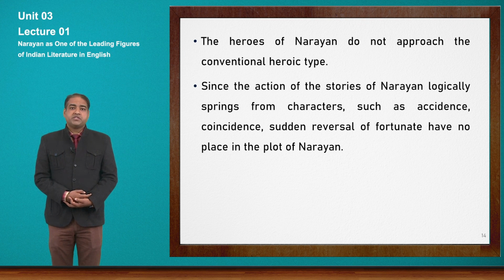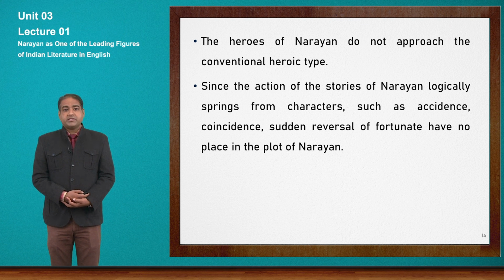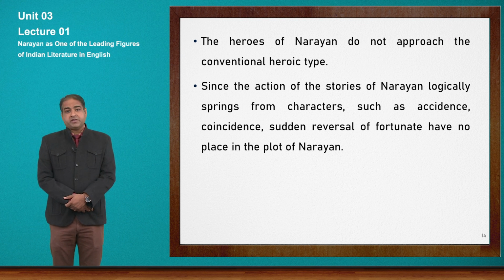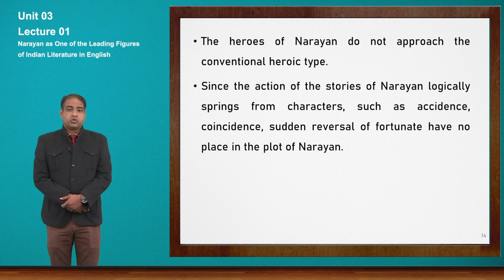Since the action of the stories of Narayan logically springs from characters, accident, coincidence, and sudden reversal of fortune have no place in the plot of Narayan. Well, friends, we generally think in our life that the transformation of a character happens after some accident, or some coincidence, or some sudden reversal of fortune.